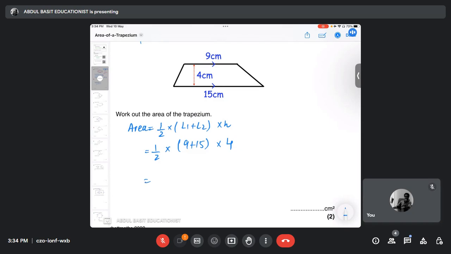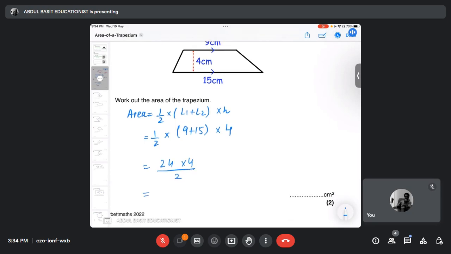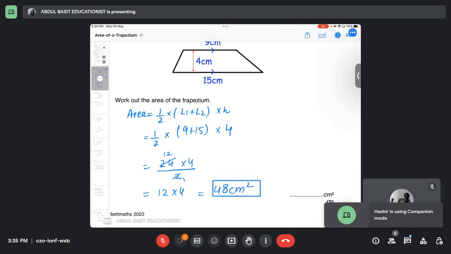So 9 plus 15 is 24, multiplied by 4, divided by 2. So 2 ones are 2, 2 twelves are 24, so 12 multiplied by 4, which is 48 centimeter square. I hope this is clear to all of you.